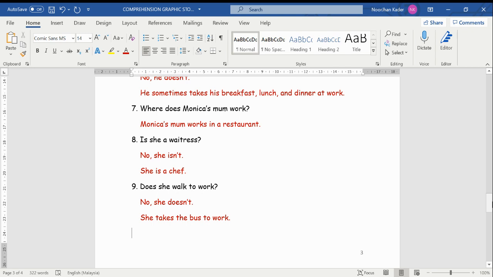So this will be the pattern when comprehension questions are asked: most of the questions will be on the main characters. That you have to remember.